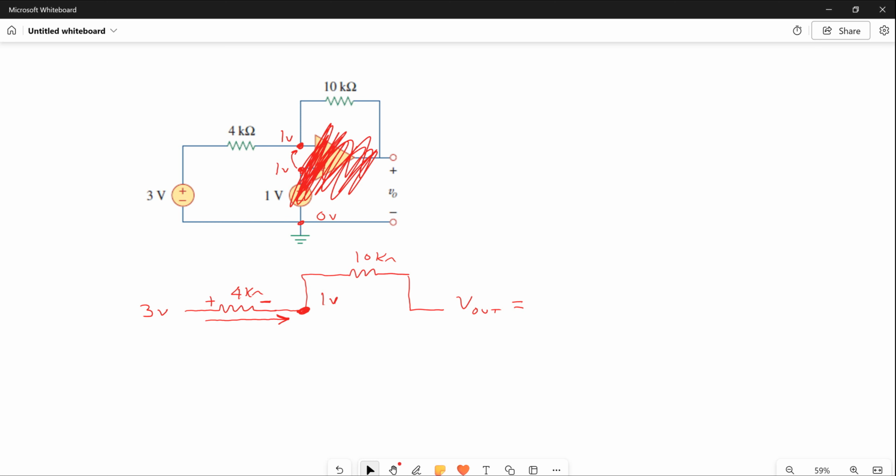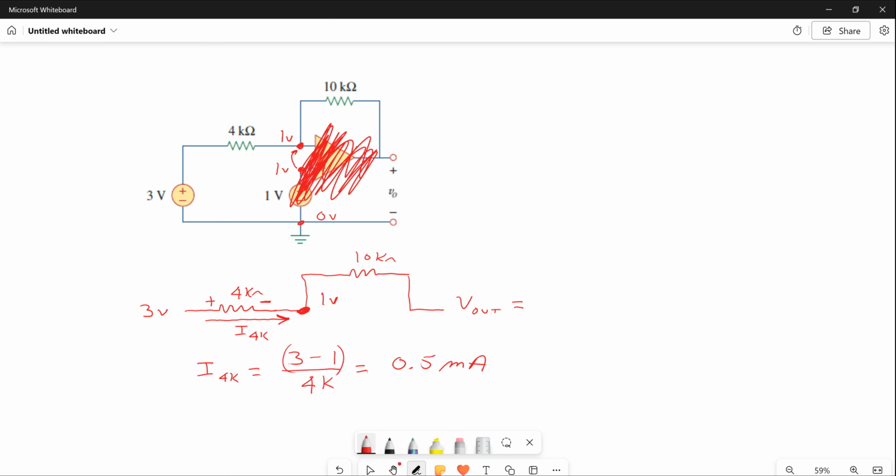That puts a passive sign convention of plus on the left and minus on the right. So I can calculate the current through the 4K ohm resistor. It equals the voltage on the plus side, which is 3, minus the voltage on the negative side, which is 1, divided by 4K. That's 0.5 milliamps.